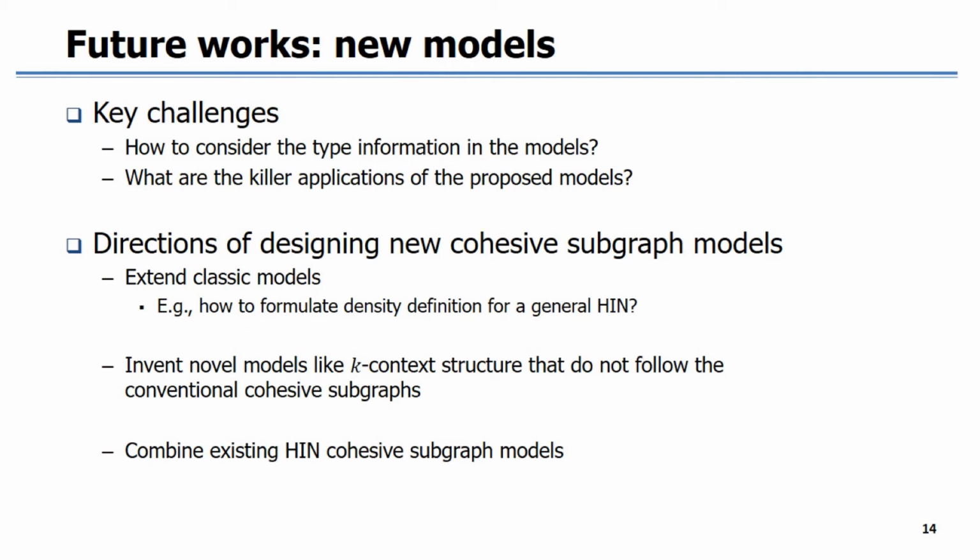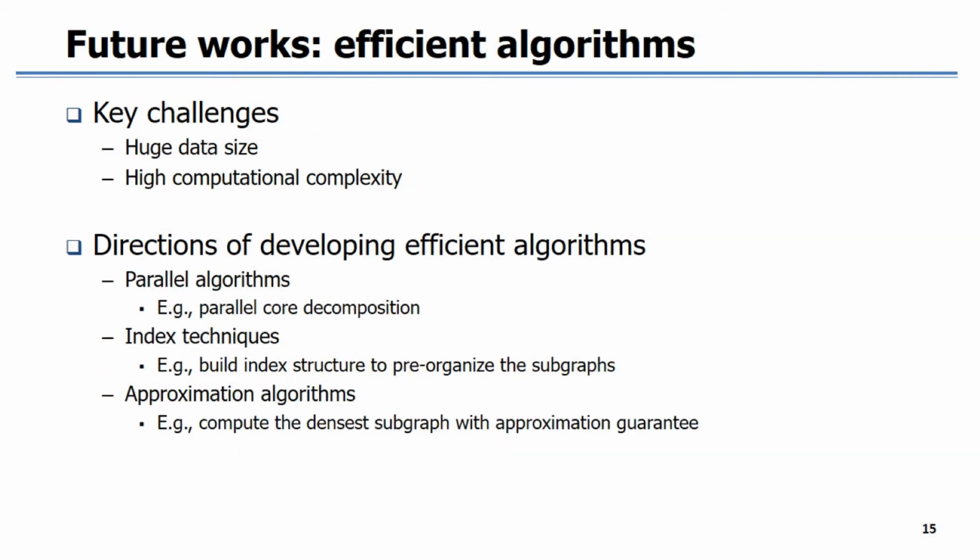For instance, we can combine the K-core and K-truss models together so that the resulting cohesive subgraph can maintain the properties of the two models. So in summary, there are various ways of formulating new cohesive subgraph models, but the features of these models should be able to capture both the intensive link relationships among vertices and the type information of HINs.